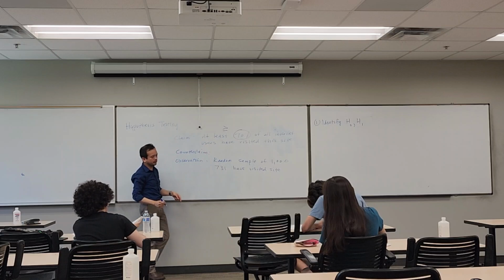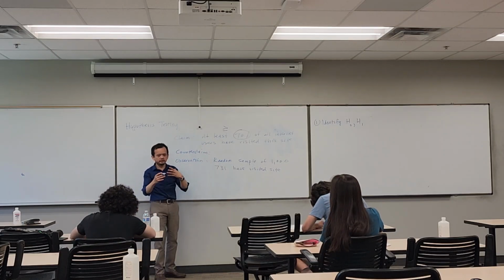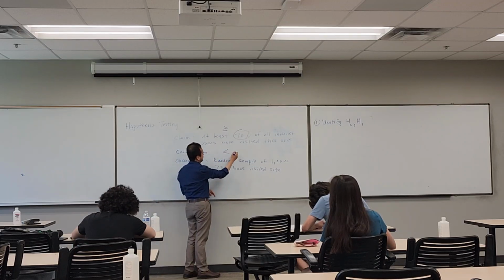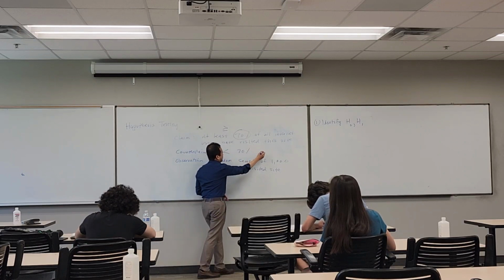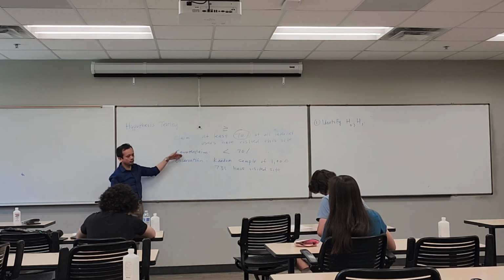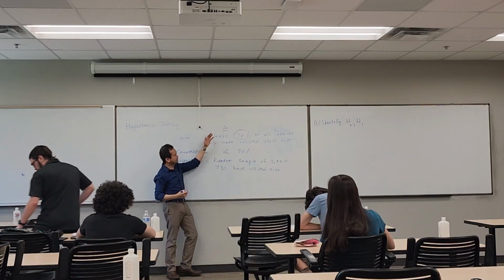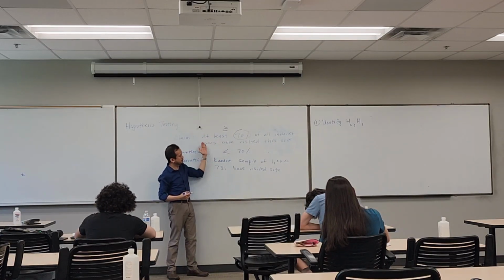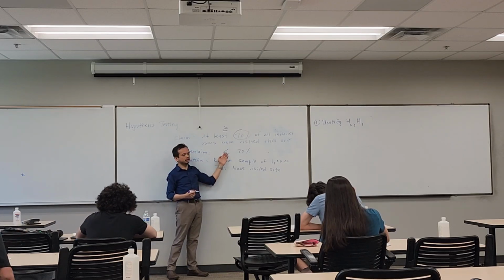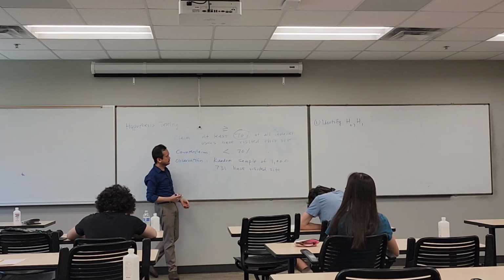So the counterclaim is going to involve all of the symbols that are left over, so that'll just be less than 70% have used the site. So the counterclaim, or the opposite statement to the original claim, would be that strictly less than 70% of all internet users have used the site.